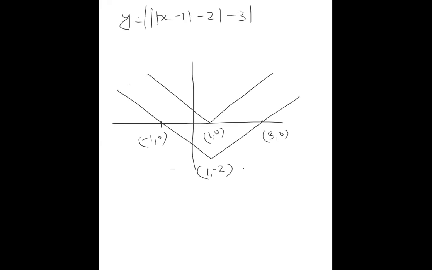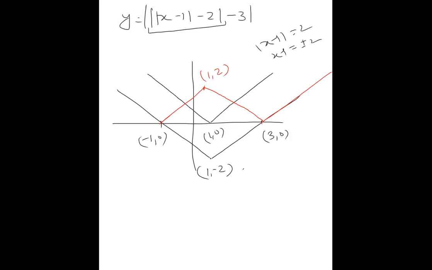How am I getting this? Complete this will be equal to 0, so |x - 1| is equal to 2. So x - 1 is equal to ±2. One time I'm getting 3, and the second time I'm getting -1, both the points. Now applying mod on this, the negative portion is going to become positive. So this is going to 1 comma 2.